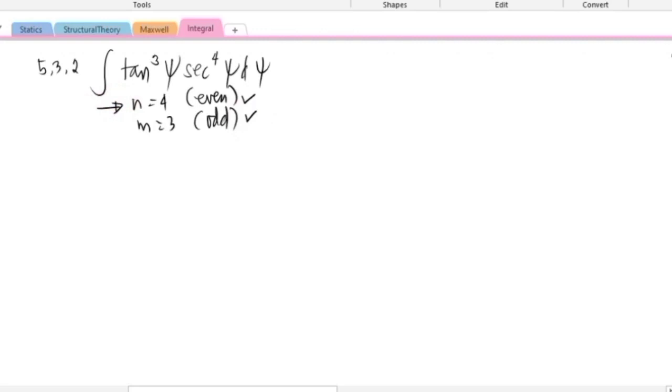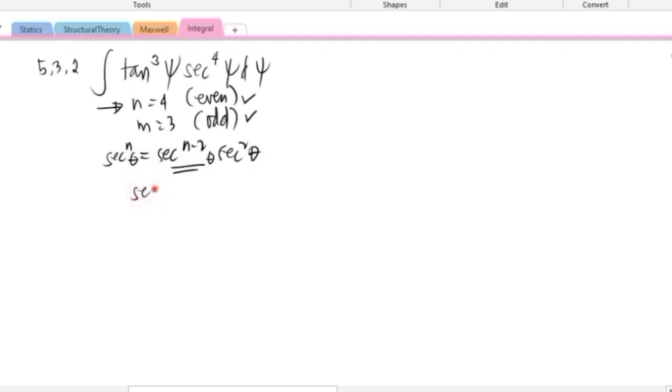So, we let the secant n equal to secant n minus 2 secant square of theta, no? And we express this secant n minus 2 into tangent, no?